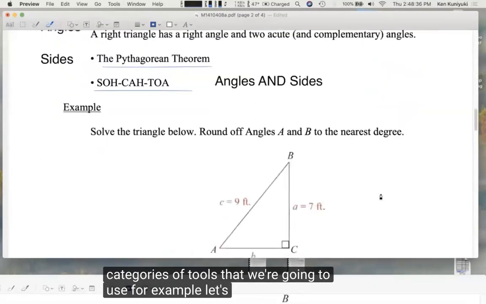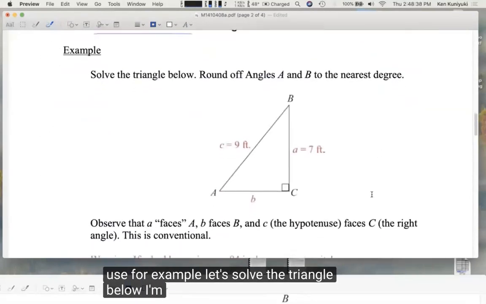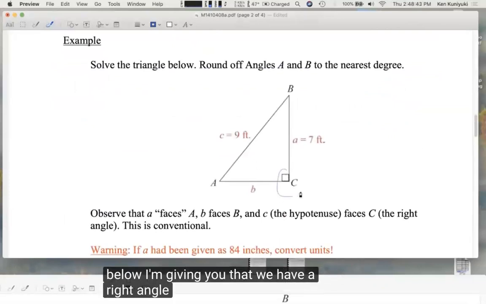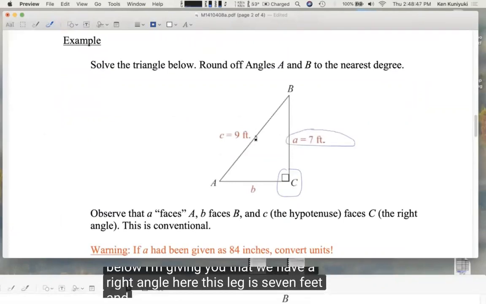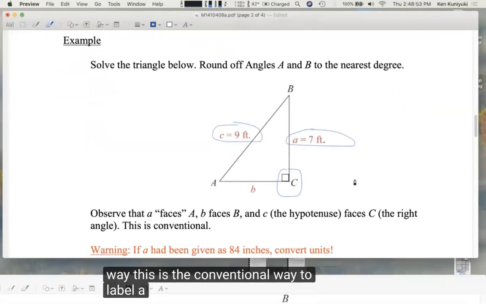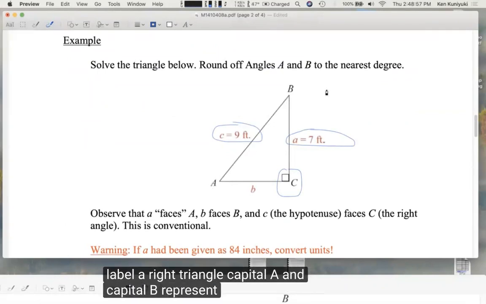For example, let's solve the triangle below. I'm giving you that we have a right angle here. This leg is 7 feet, and the hypotenuse is 9 feet. And by the way, this is the conventional way to label a right triangle. Capital A and capital B represent the acute angles, or their measures.